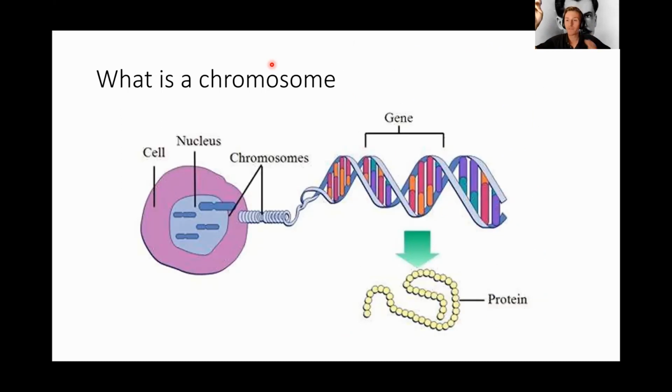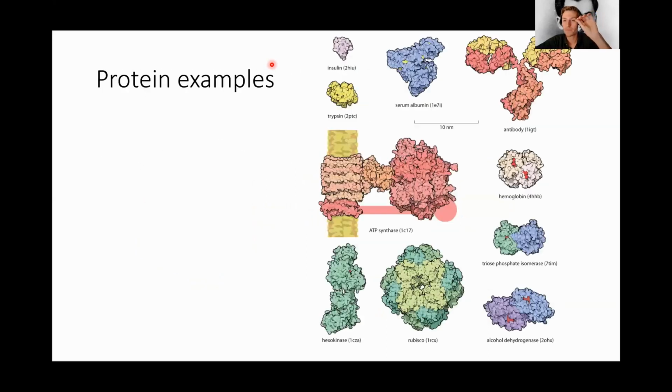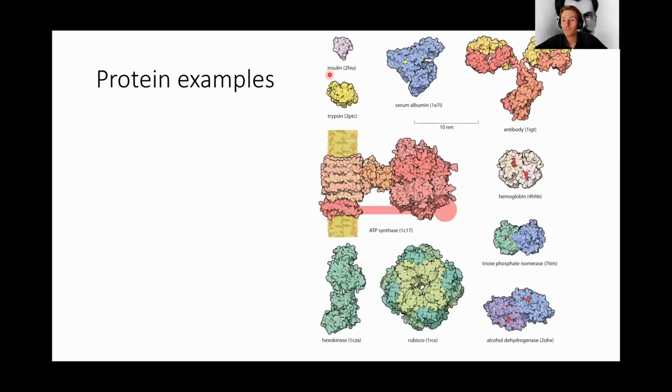Chromosomes are just the linear strands of DNA, as I said earlier. You can have multiple copies of that chromosome, meaning that you can have multiple copies of a gene. So you have 2 copies of your insulin gene. The gene makes insulin. You have 2 copies of it. You're diploid.